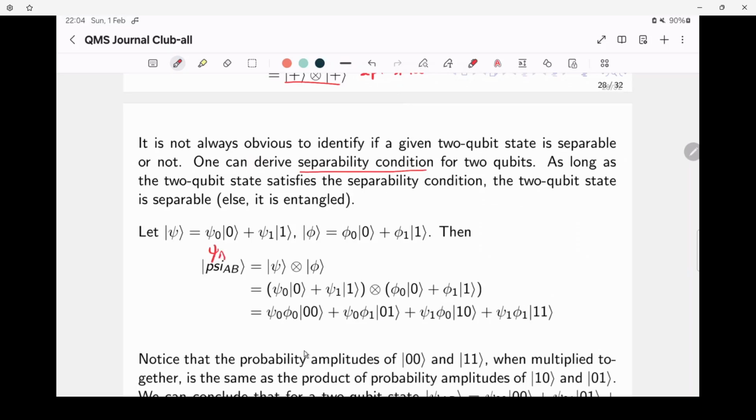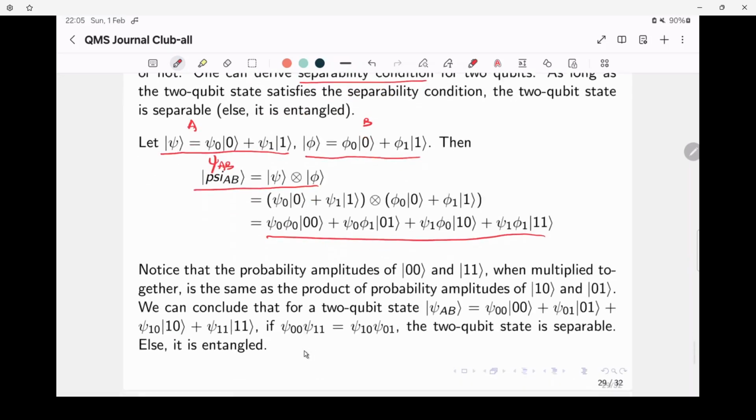So if you assume beforehand a very general state coming from the first qubit A and a very general state coming from the second qubit B, so you assume that this is a separable state by expanding everything. Now you do the expansion, and in the end you get a state like this.